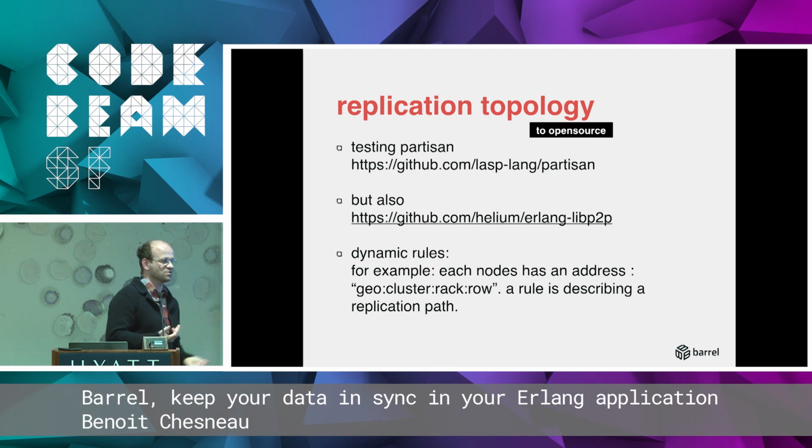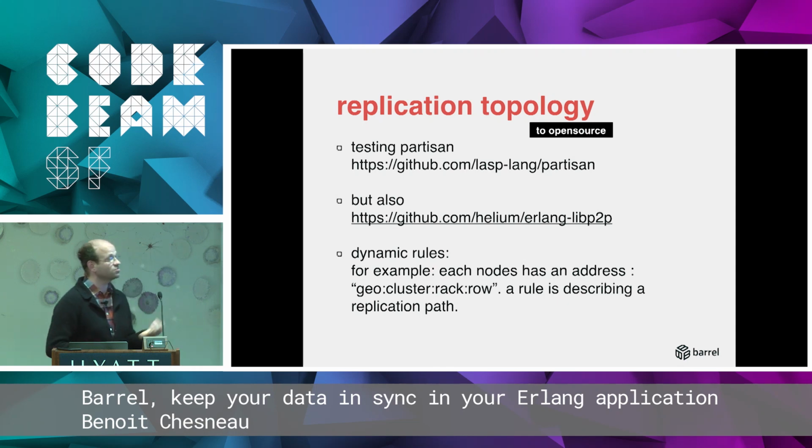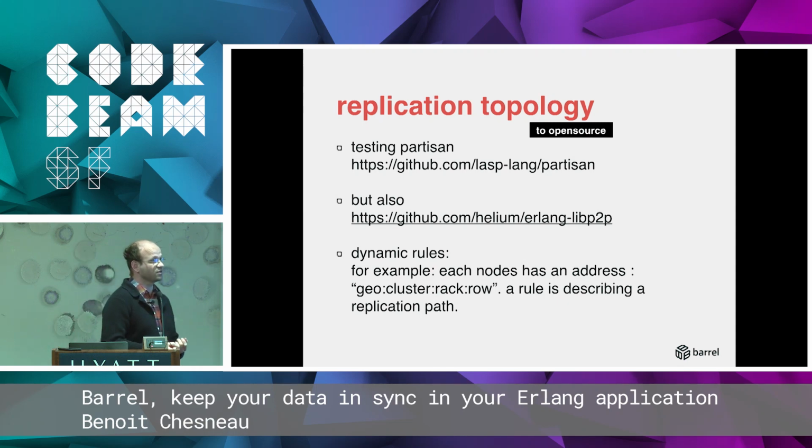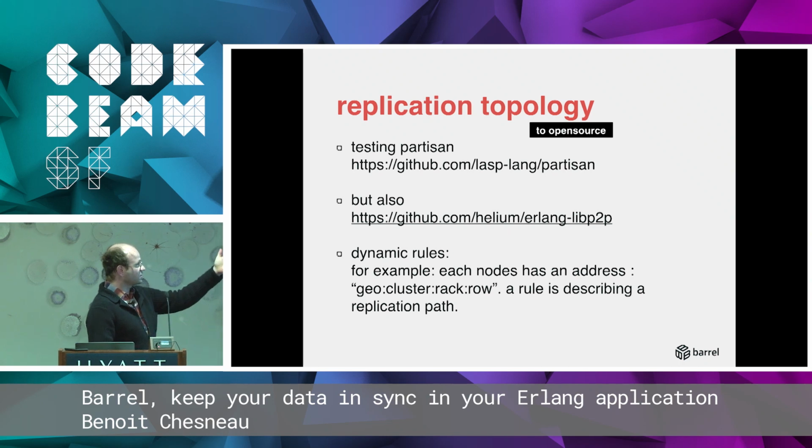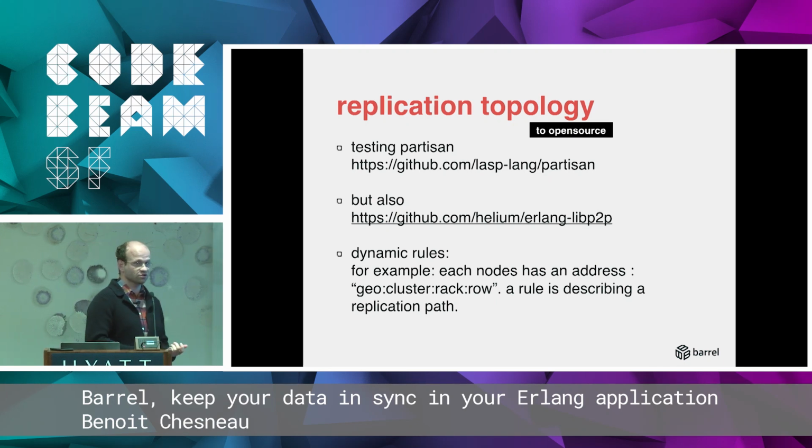I have to build the address book, mostly, to maintain the list of the peers, etc., and stuff that comes mostly for free with Erlang libp2p, at least how I expect to use that. And that replication topology, this is not something fixed, you have dynamic rules that are created by a function that you upload in the system.